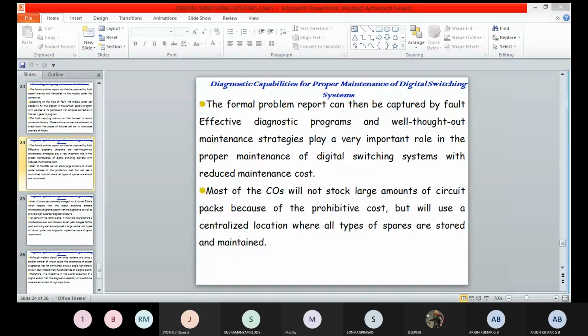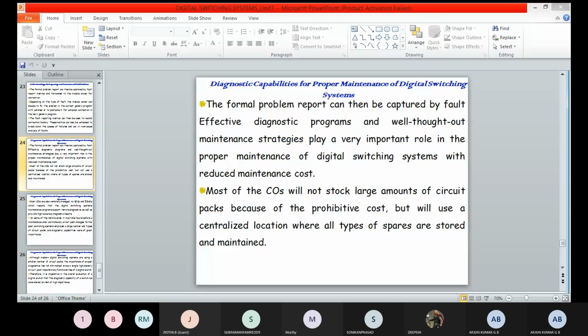After that, the fault reporting matrix can be used to record the current correction history. This helps break down the causes of failure, and we can easily analyze the root causes for particular faults.